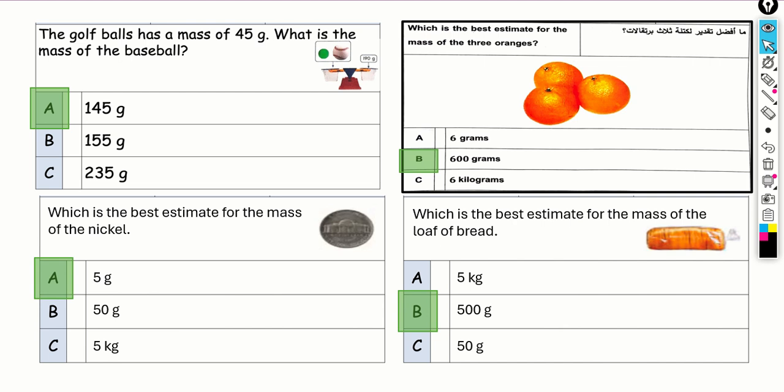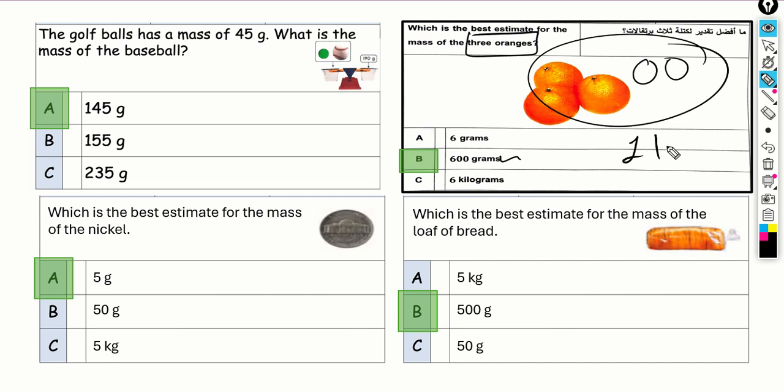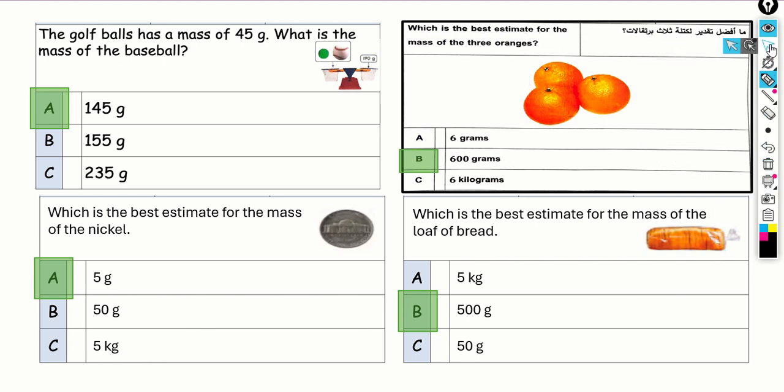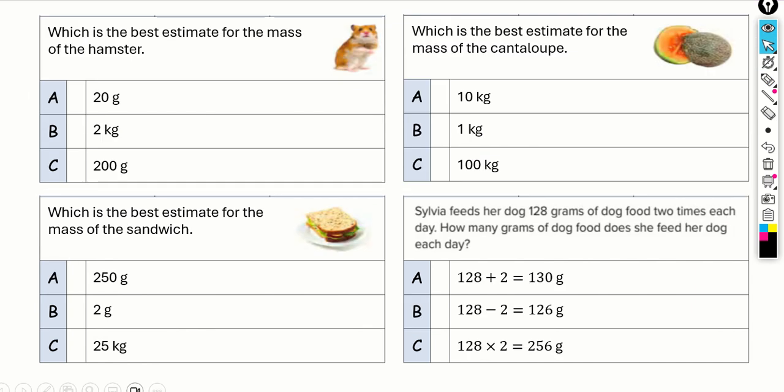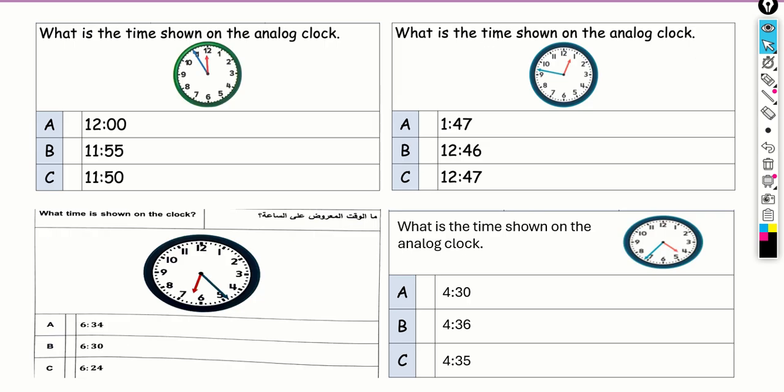Basically, if you have 3 oranges, it's around 600 grams. So if you take around 5 oranges, approximately 1 kilogram. Approximate, okay, not 100% sure, but approximate. Remember this. That's how we need to know. Okay, let's move on. Again, same type of question, so let's move on further.